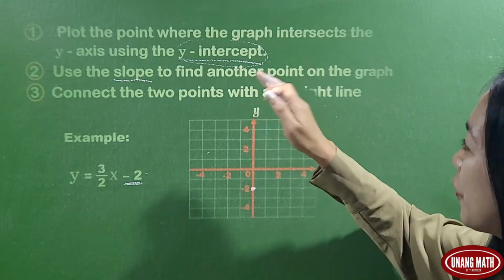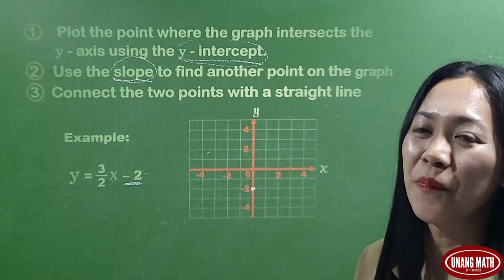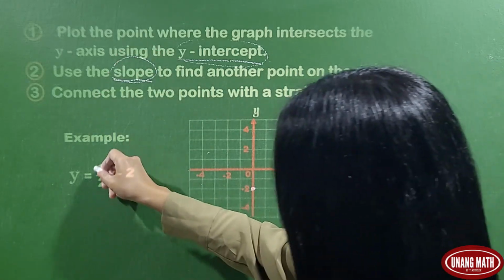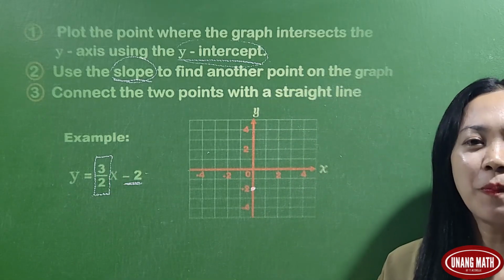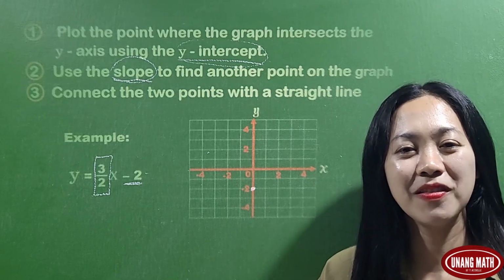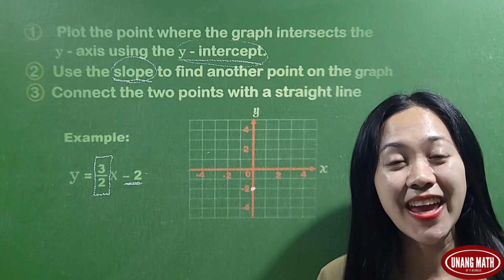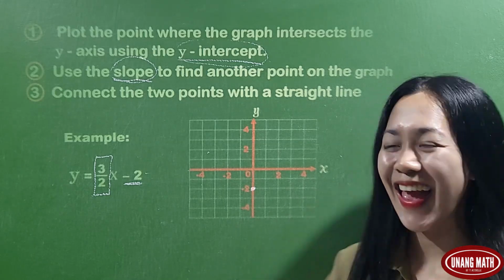To find another point, let's use the slope. In this linear function, the slope is 3 over 2. In our previous episode, we said that slope is the ratio of the change in y over the change in x.